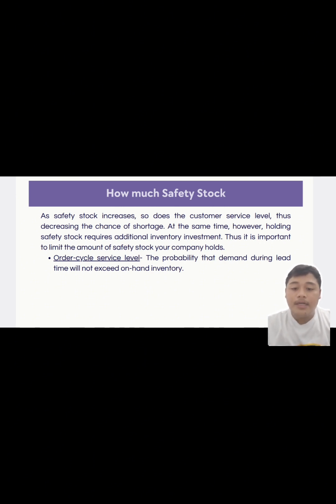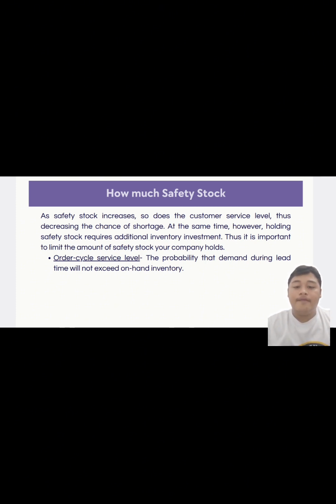If demand during lead time equals average demand, then the replenishment arrives as on-hand inventory reaches the safety stock level. And with safety stock: order quantity is equal to 600 units, safety stock is equal to 50 units, and reorder point is equal to 250 units.